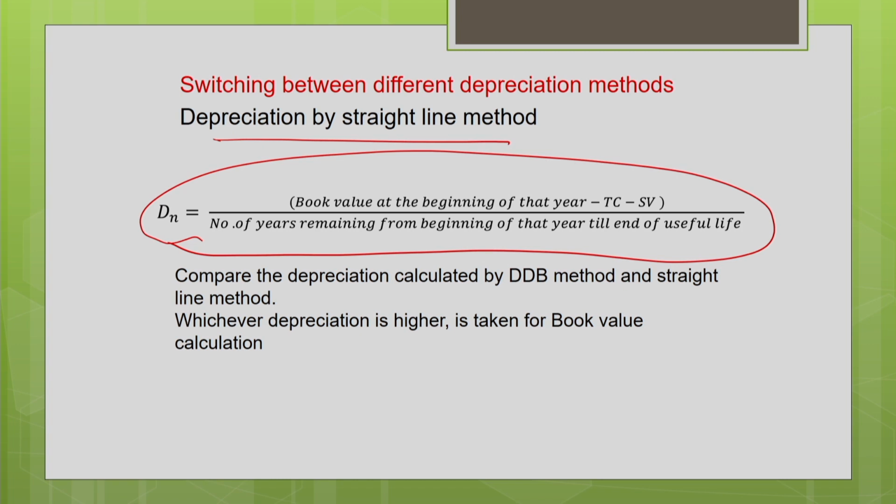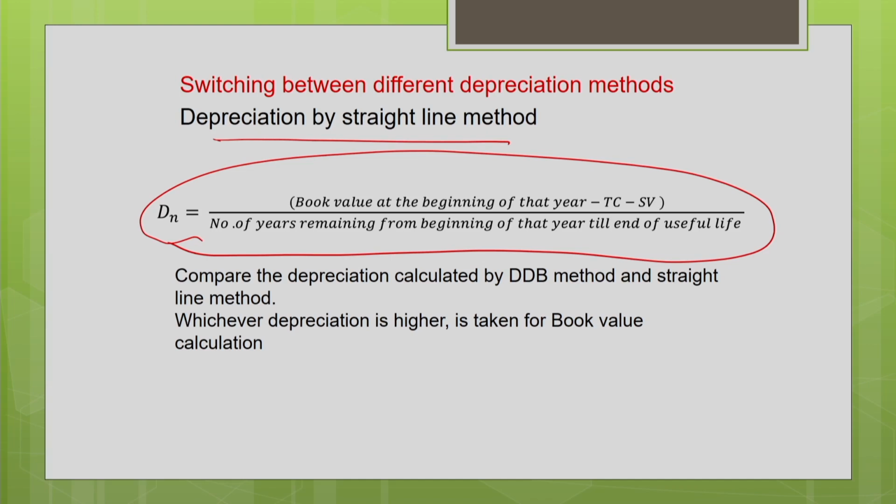But here, similar to your sum of years digit method formula, we are taking the number of years left in the recovery period. Number of years left in the recovery period from the beginning of the year for which you are going to calculate the depreciation till the end of the useful life. So this is how we are calculating the n here.